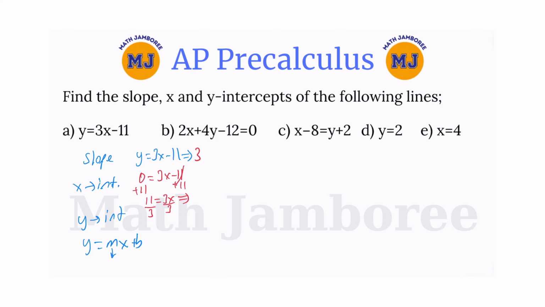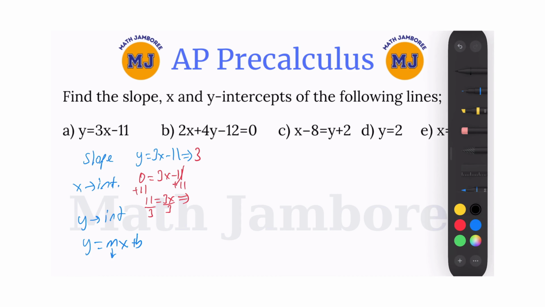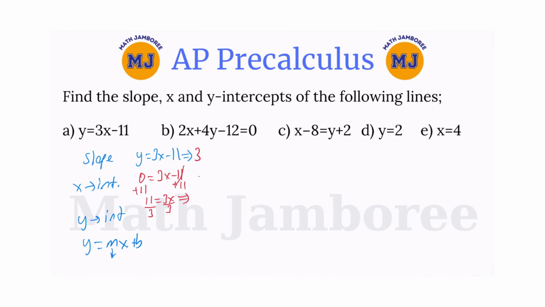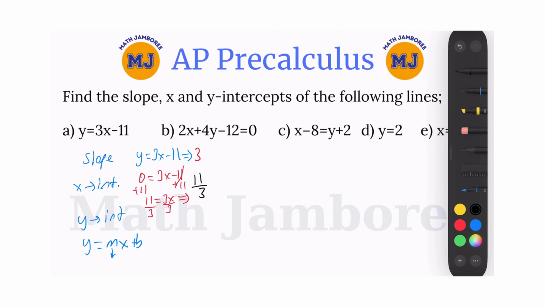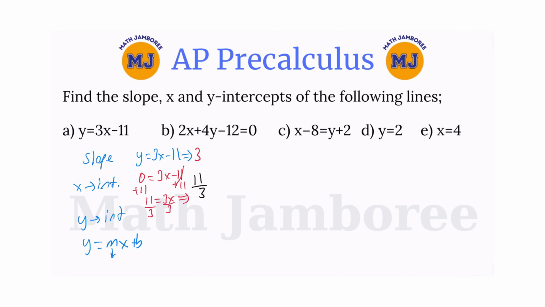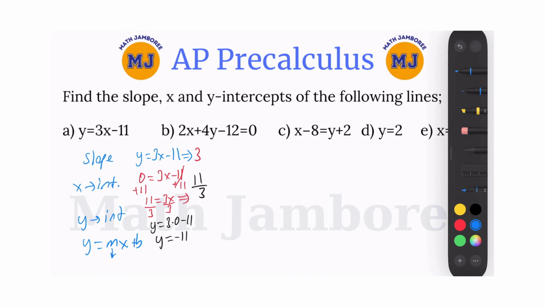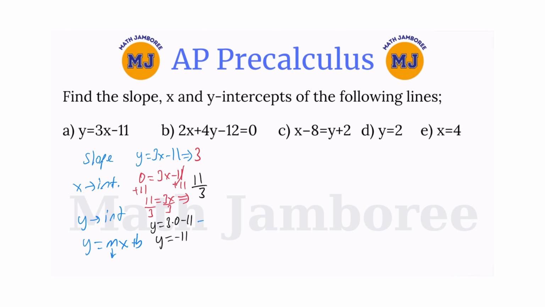So the x-intercept will be 11 over 3. And to find the y-intercept, you substitute 0 for the x. So y equals 3 times 0 minus 11. That gives you y equals negative 11. So our y-intercept is negative 11 for choice A.